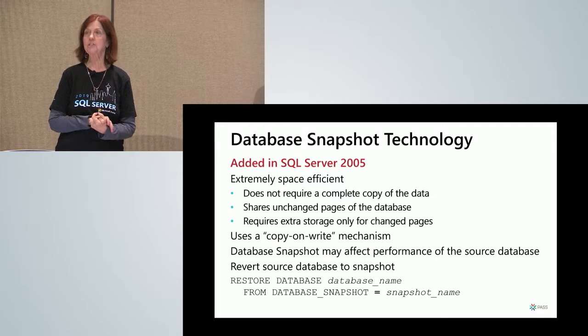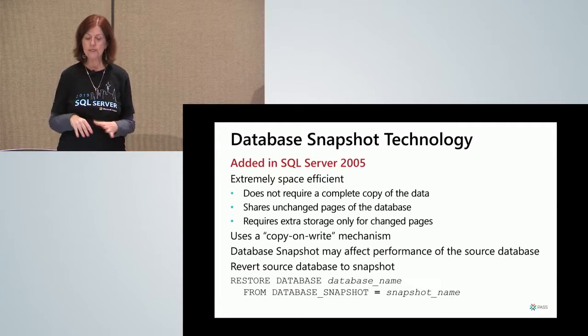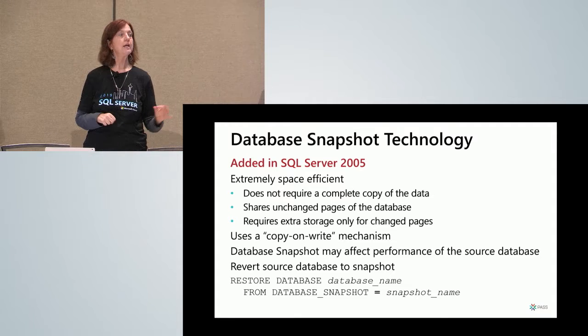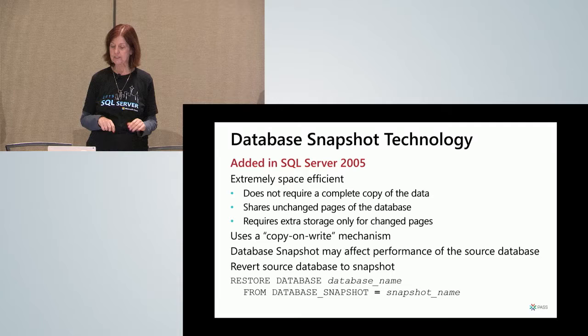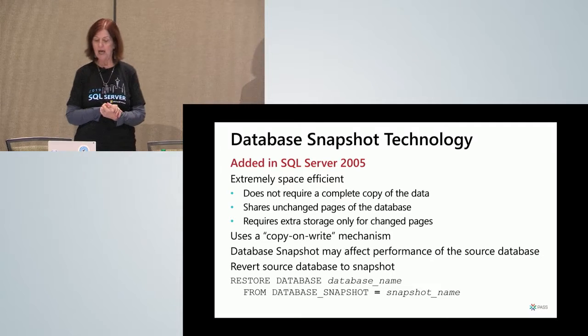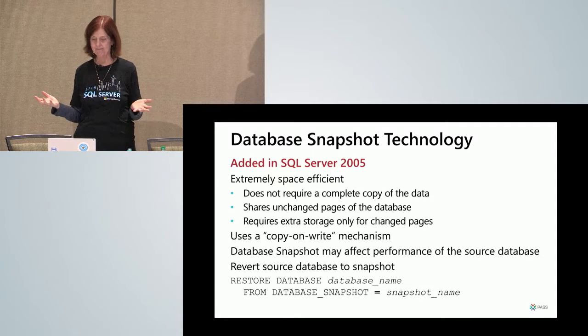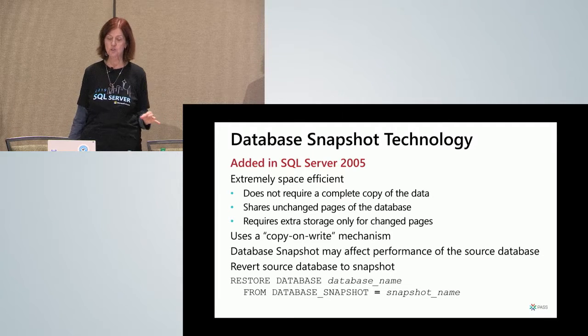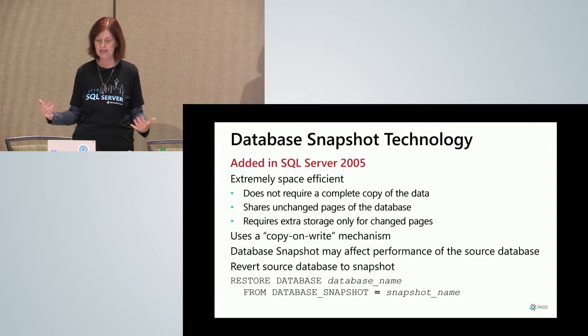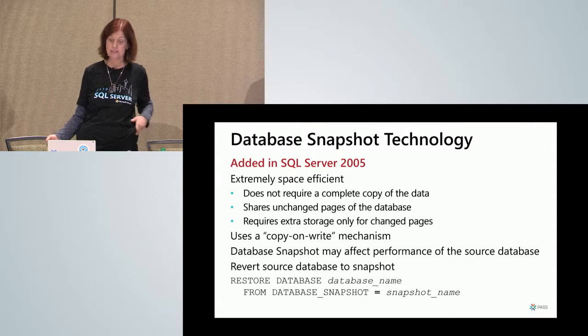Every time you make a change, the original version of the page is copied elsewhere, so we know what the original database looked like. The unchanged pages stay available and are shared among all the snapshots, and the changed pages are written elsewhere so that the source database can still see the changes.